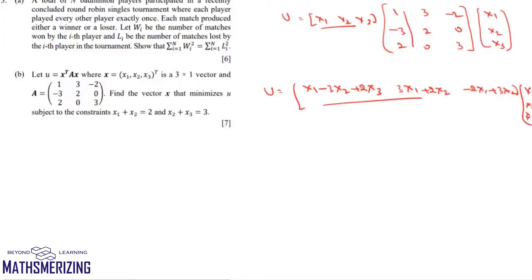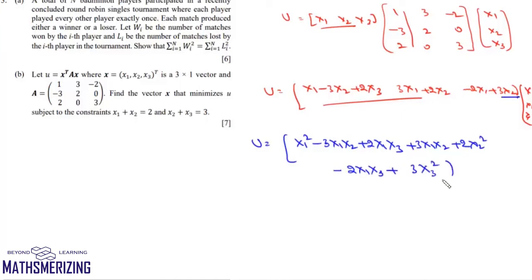Now we'll multiply both of them. So then this U will be x1 square minus 3 x1 x2 plus 2 x1 x3 plus 3 x1 x2 plus 2 x2 square, and then minus 2 x1 x3 plus 3 x3 square.